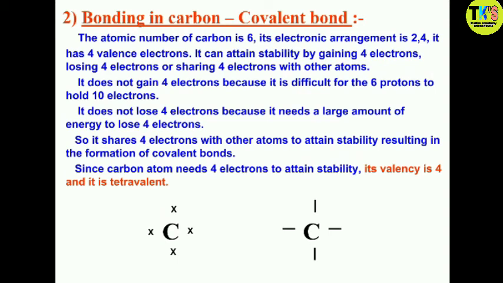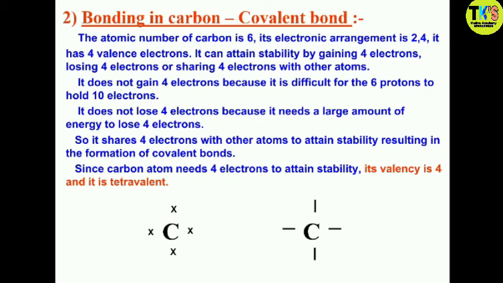So we are left with 2 options. Second option for carbon is to lose 4 electrons, but it does not lose 4 electrons. Why? To lose 4 electrons it needs a large amount of energy. The last option left for it is sharing. So it shares 4 electrons with other atoms to attain stability, resulting in the formation of a covalent bond.